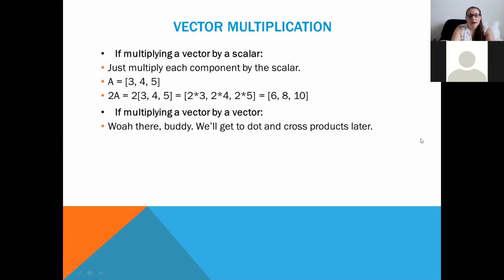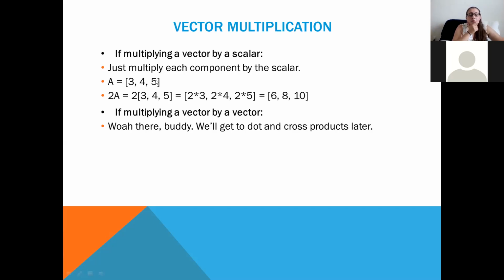Okay, great. So when we are multiplying vectors together, which does happen sometimes, if we're multiplying a vector by a scalar number, then we just multiply each component by that particular scalar. So let's say we have vector A, and it has 3 dimensions, x, y, and z. So our x component is 3, our y component is 4, and our z component, which would be like out of the screen, towards you or behind you, is 5.